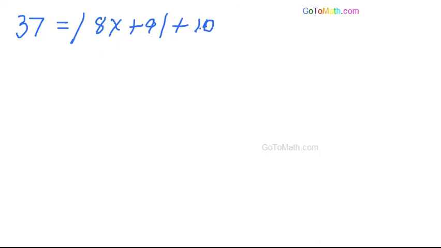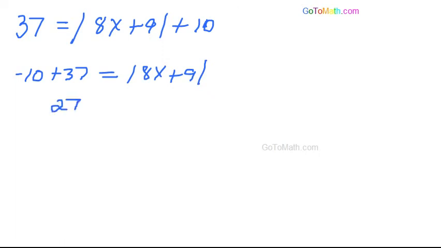Okay, so the first thing I'm going to do is get this 10, take it to the other side before we do anything. So we have negative 10 plus 37 is equal to 8x plus 9. So what do we got going on here? We got 27 is equal to 8x plus 9.